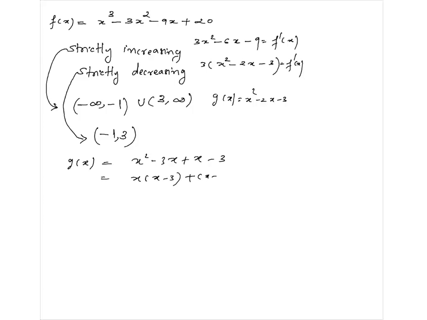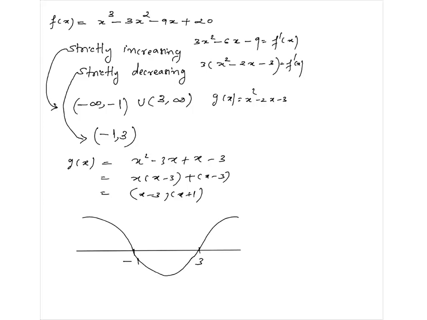So (x minus 3)(x plus 1). Number line: minus 1, 3. I think the rest you can understand on your own. The answer is pretty clear from this. When is it positive, when is it negative.